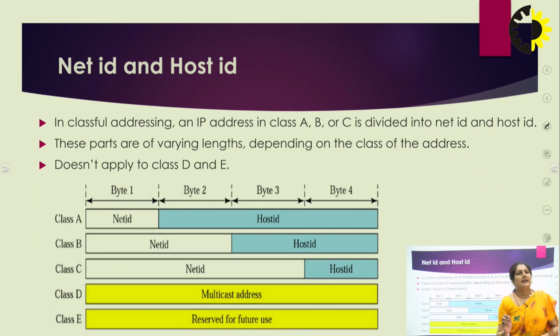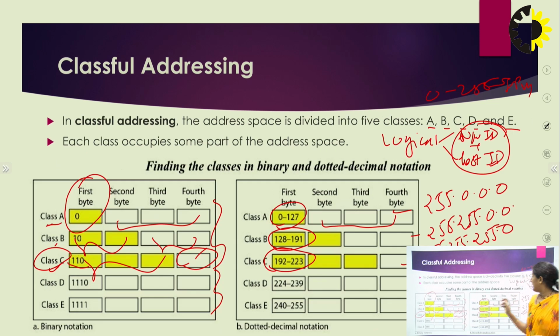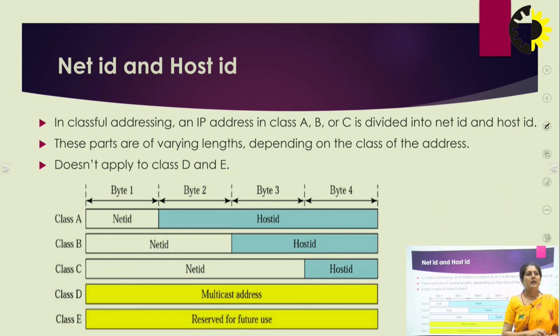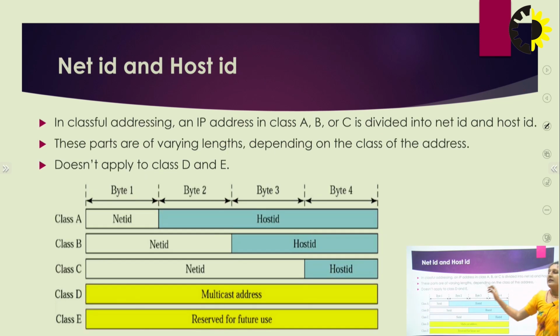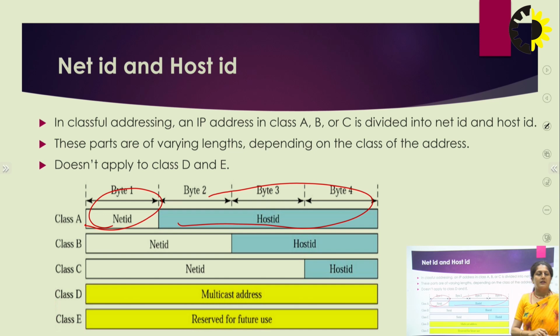So let us see. I have told you that logical addressing is divided into the network ID and the host ID. So what is the network ID and host ID? I already told you here. For class A, the first octet is for the network ID and the last 24 bits are for the host ID.